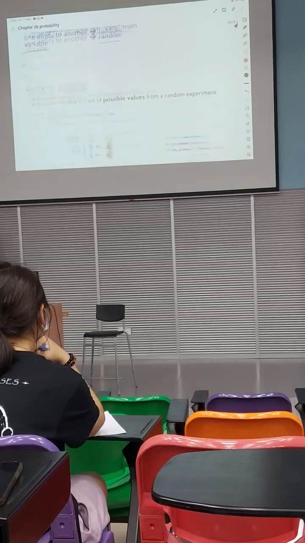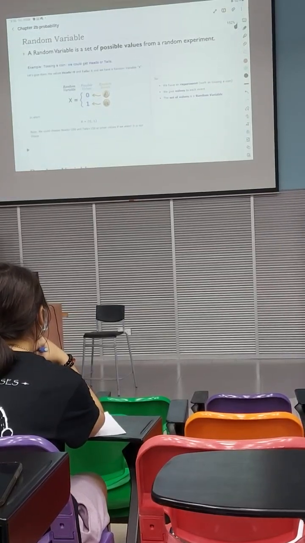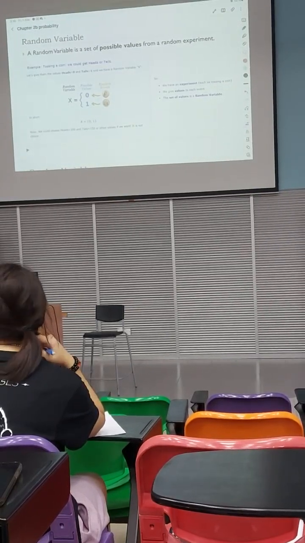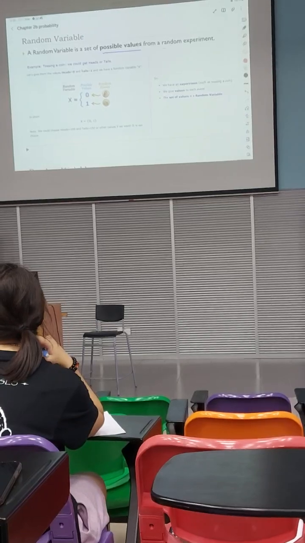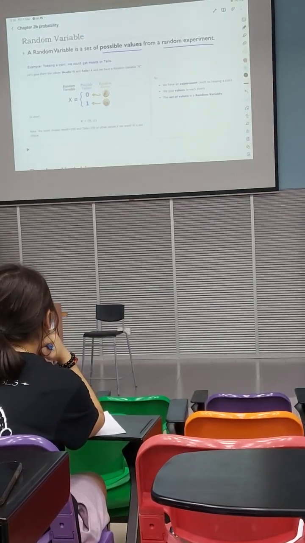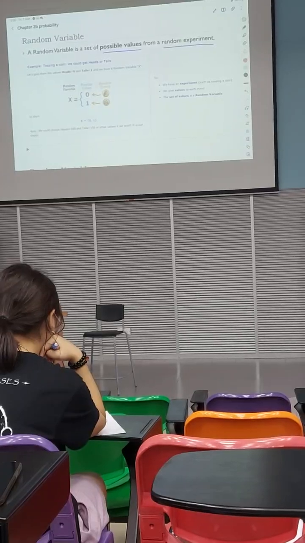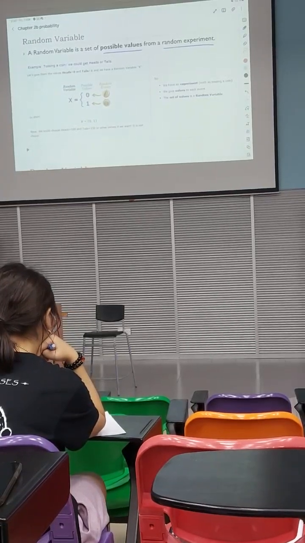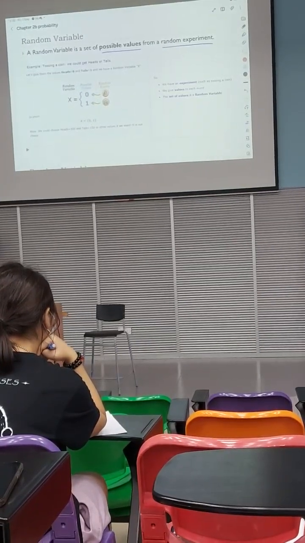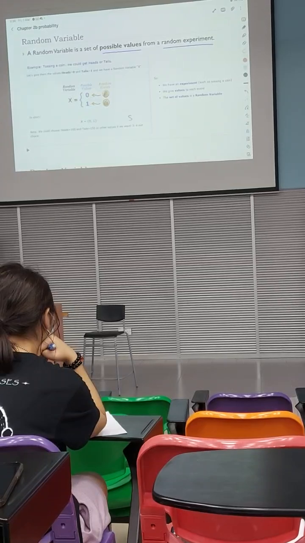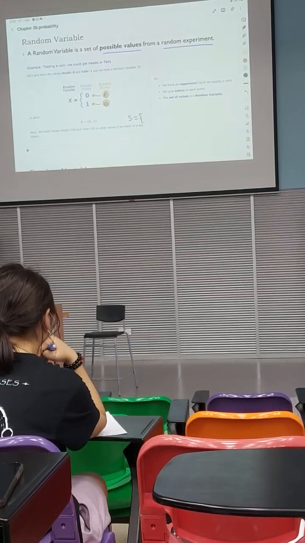Let's go through this. A random variable is a set of possible values from a random experiment. Back to the discussion just now, when you flip a coin, we know the sample is either head or tail.